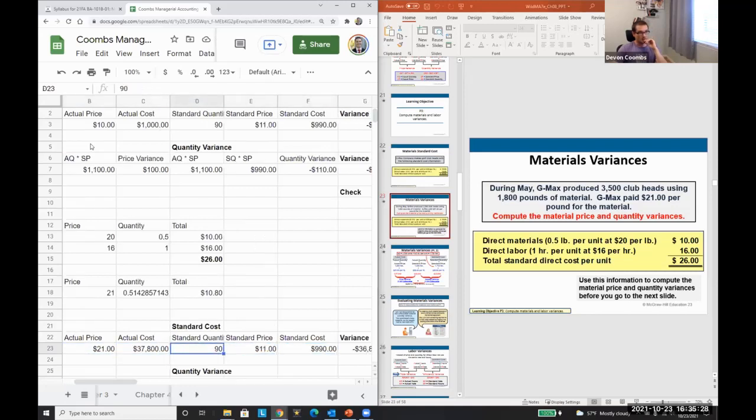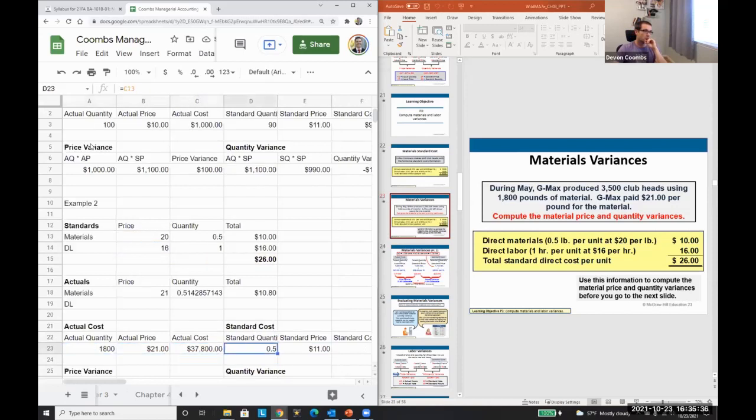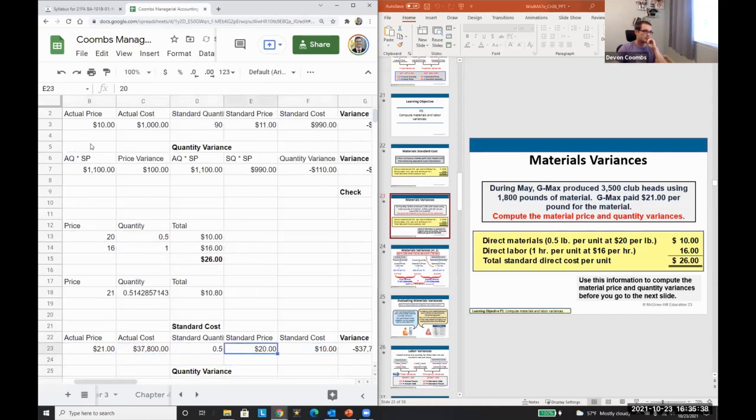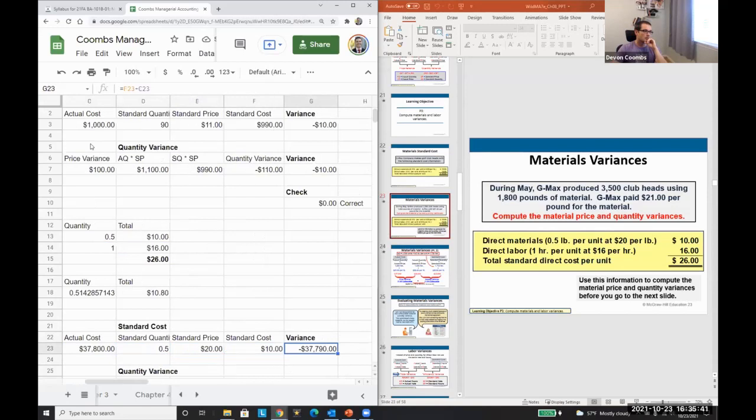Our standard quantity would have been 0.5. We got that up here. Our standard price would have been 20.